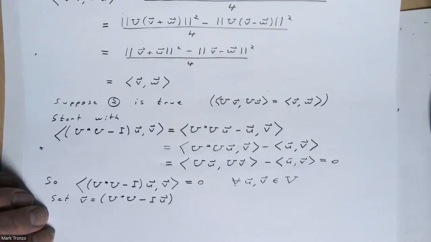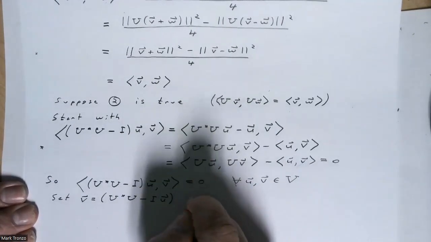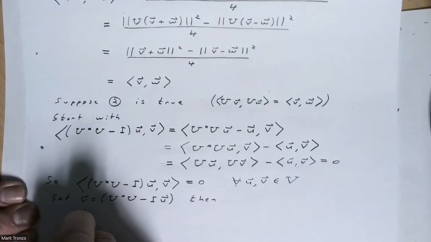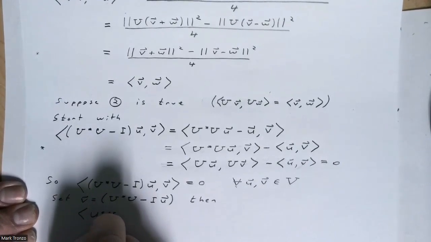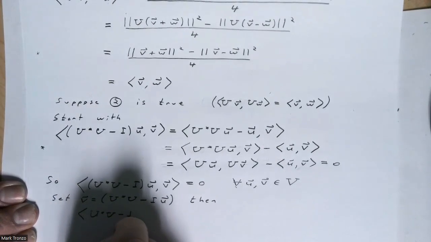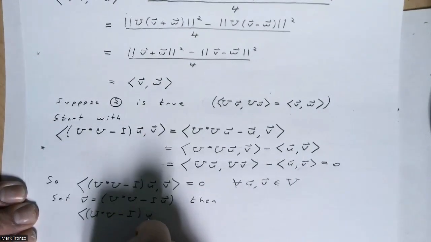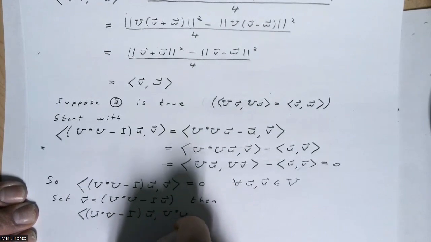So set that equal. Again, because this is true for all u and v. Then if we put v up here, we end up having uv minus I u.